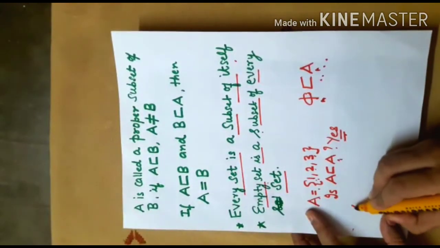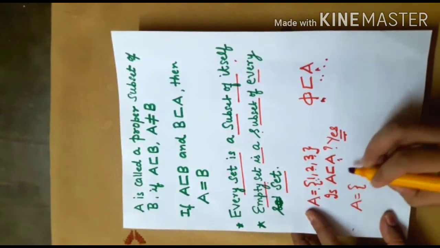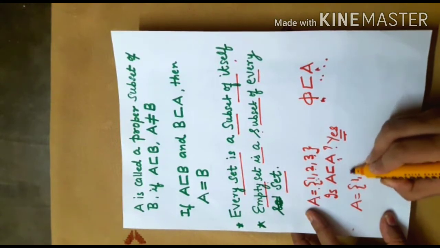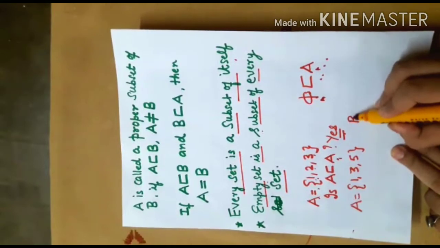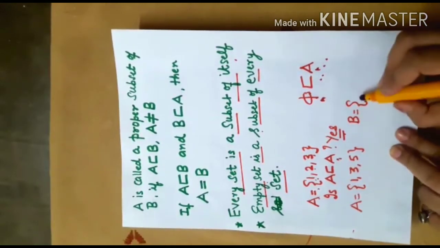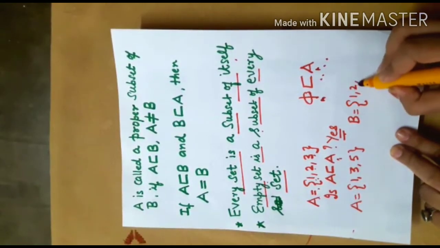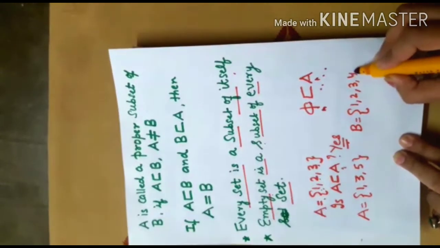Now consider the set A with elements 1, 3, 5 and another set B with elements 1, 2, 3, 4, 5.